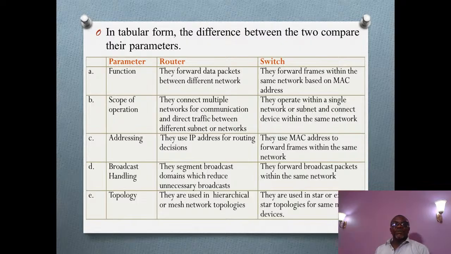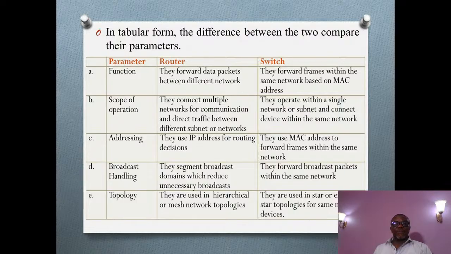So quickly in a tabular form, we can see the differences between router and switches. Function: the router forwards data packets between different networks. The switch does the same within the same network based on the MAC address. By MAC, we mean the media access control address.